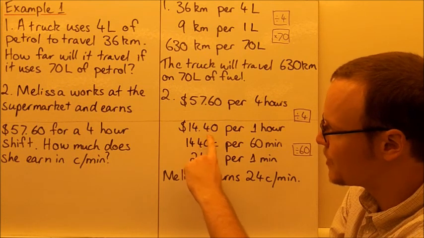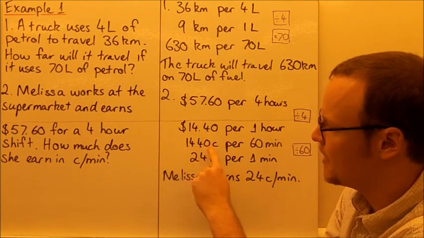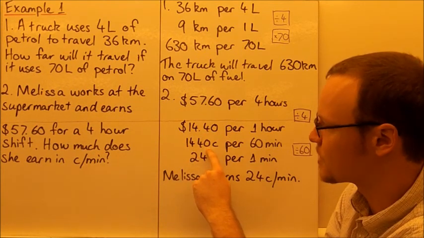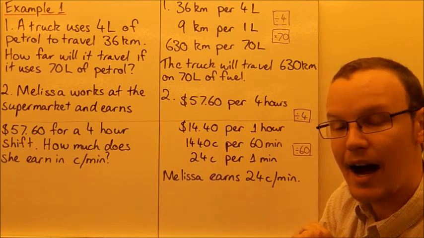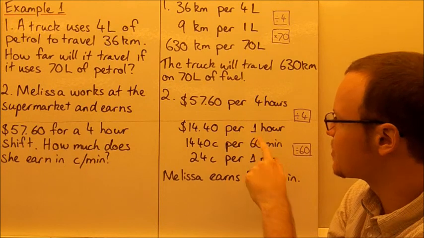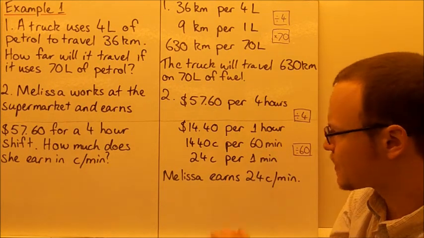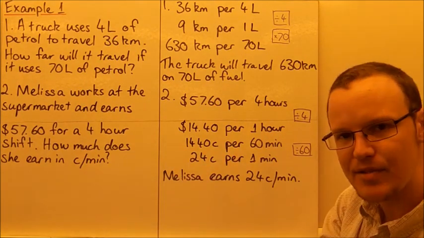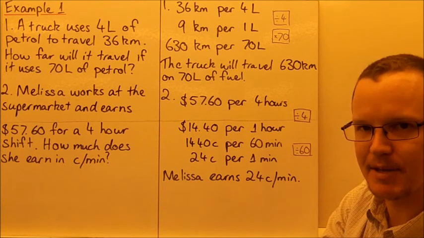So we need to convert the $14.40 to cents, and that's 1,440 cents, because there are 100 cents in $1. And we need to know in minutes, so we know there are 60 minutes in 1 hour. So she earns 1,440 cents per 60 minutes.